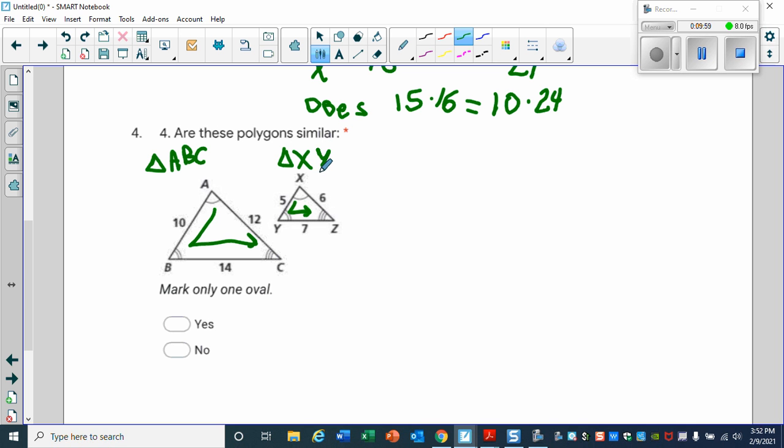Now this one, we'd have to look more at the sides. You can get that from the positioning of the letters of the triangle. We see the sides AB, and then this is what you could do.